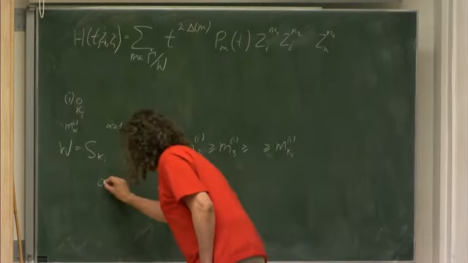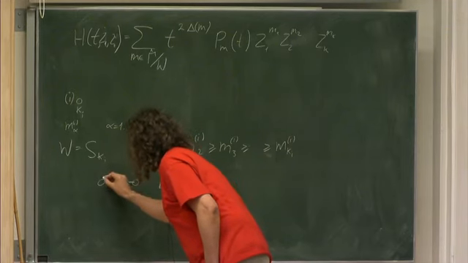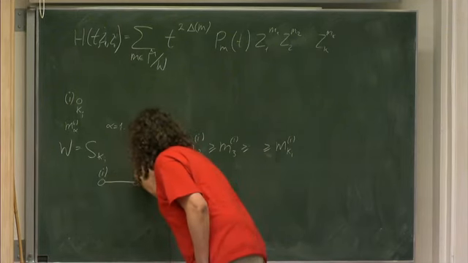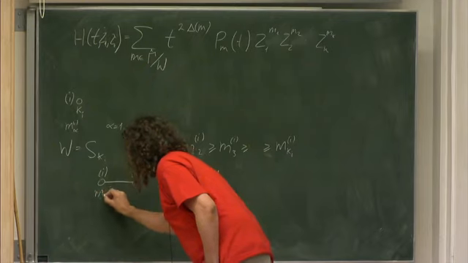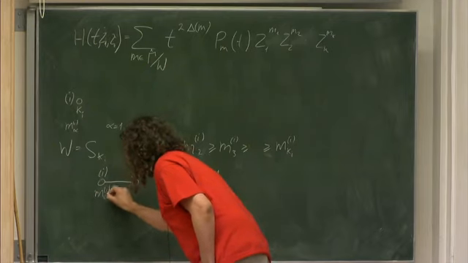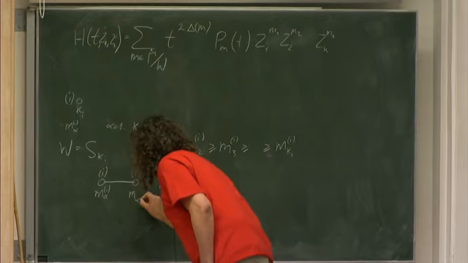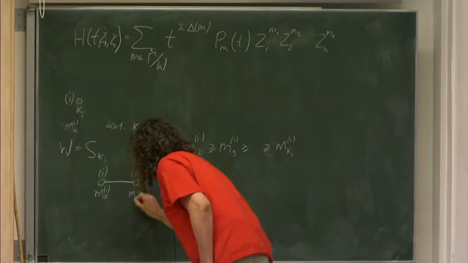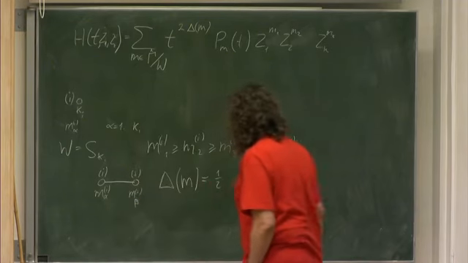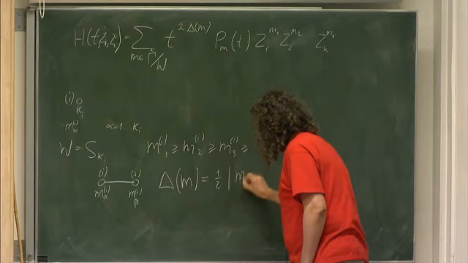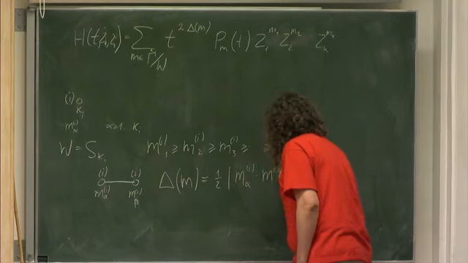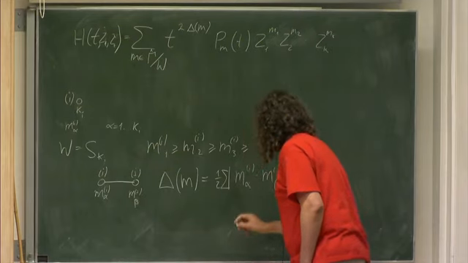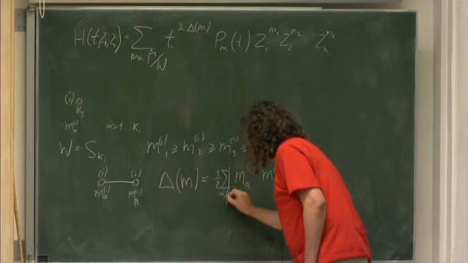So if I have, let's say, this is node I, and this is node J, and there is a line connecting them, and there are M alpha I and M beta J, then I'm going to get a contribution which looks like M alpha I minus M beta J, and I need to take the sum over all alpha and beta.